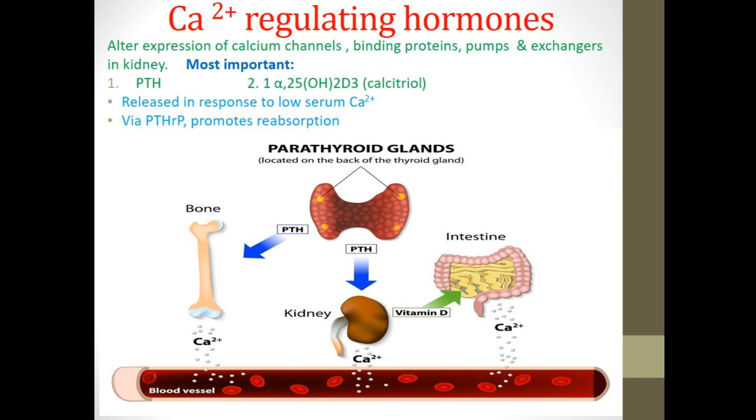Actually this is a part of the thyroid gland only, but it is named the parathyroid gland. This parathyroid gland is going to release the hormone, parathyroid hormone. This PTH is released in response to a low level of calcium ion in the serum, or we can call it plasma.